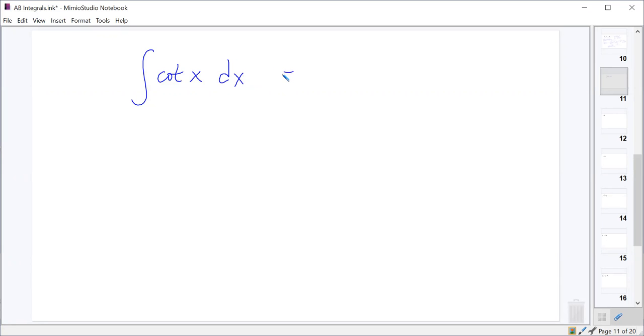Okay, so let's rewrite this. The only way that seems reasonable to rewrite cotangent, I mean, we could do 1 over tangent, but that's probably not going to do anything. So let's rewrite this as an integral of cosine x over sine x dx. And then let's see if we can do a U-substitution with it.